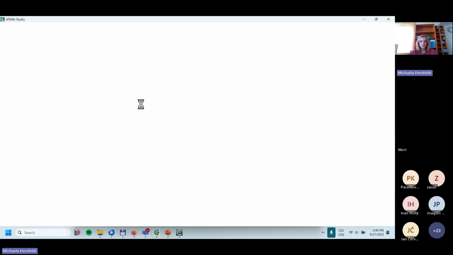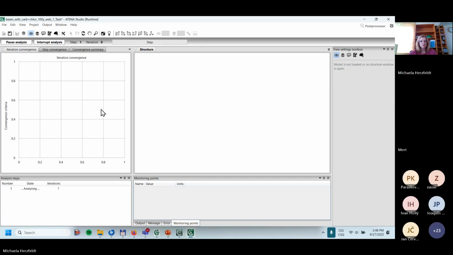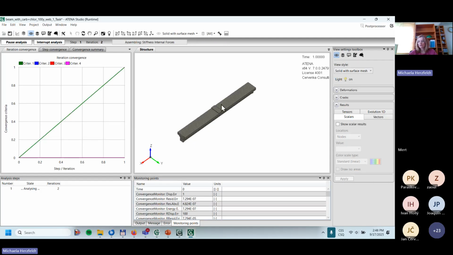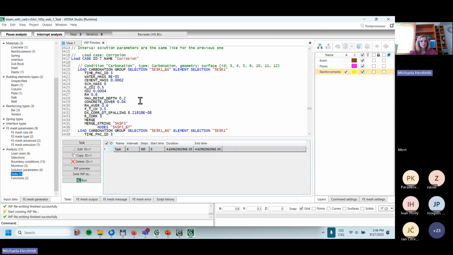Okay, so we can run it in ATENA Studio, and that will take a little bit of time, so I will just hide it to let it run a little bit faster without needing to draw the results.